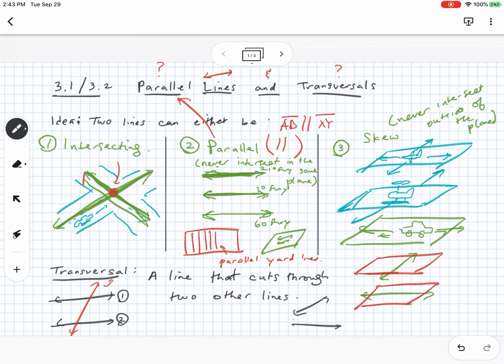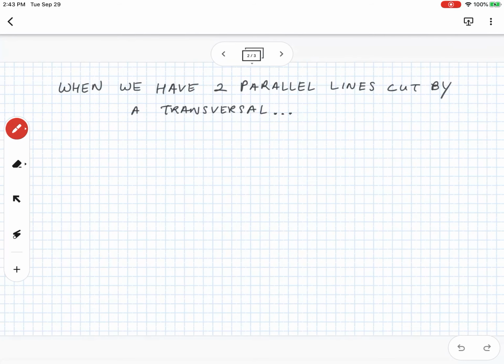Okay, and so we can do that in many different ways. So even if I have two lines that go like this, still there's a transversal that can cut through right there. Okay, so that's the first part. So parallel lines never intersect and they're in the same plane. A transversal is a line that cuts through two other lines.